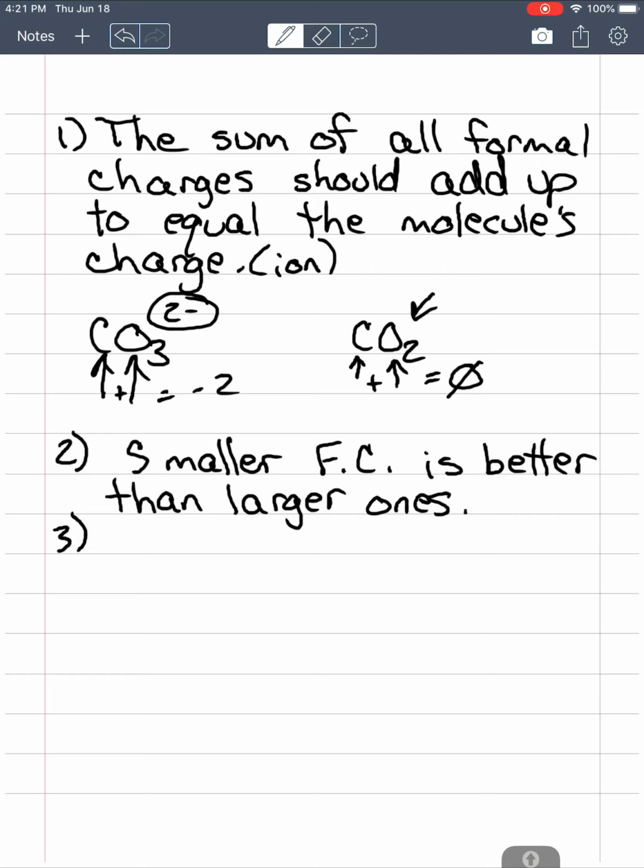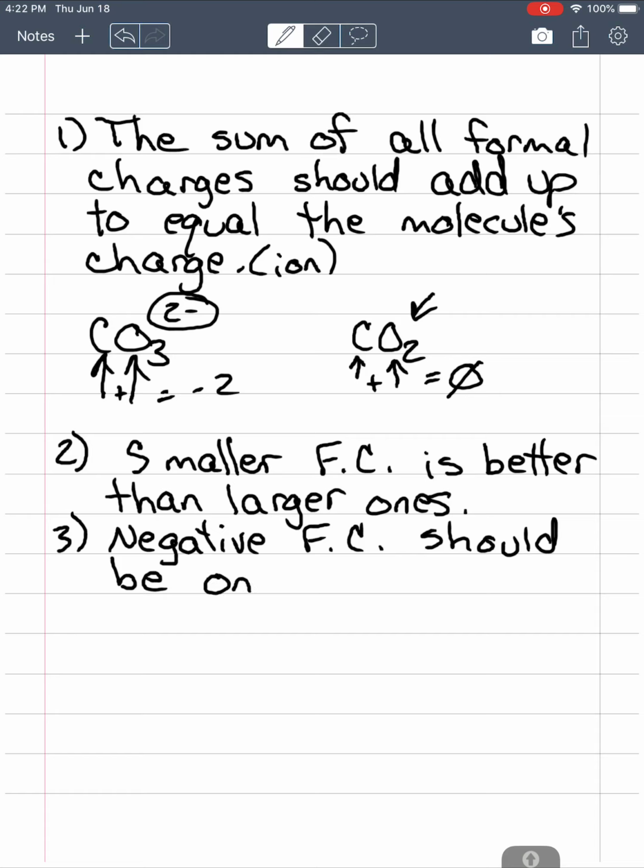And the third one is that negative formal charges should be on the electronegative atom. So let's take a look at an example.